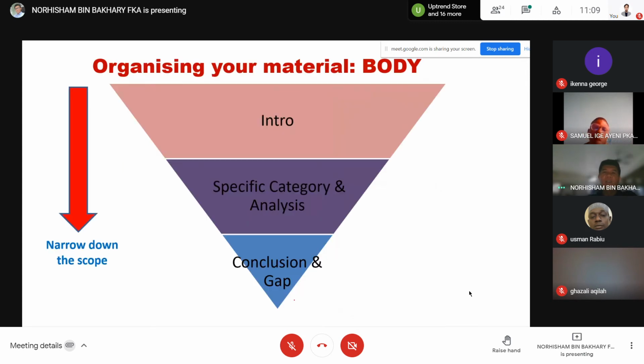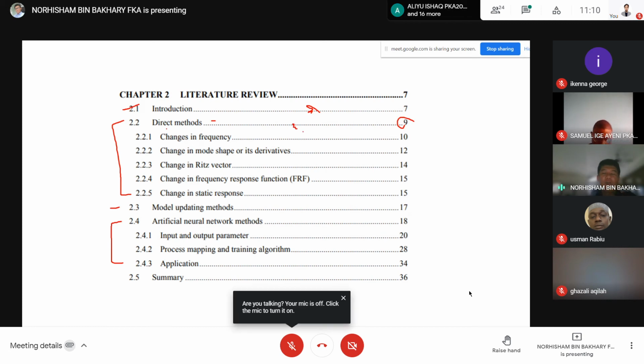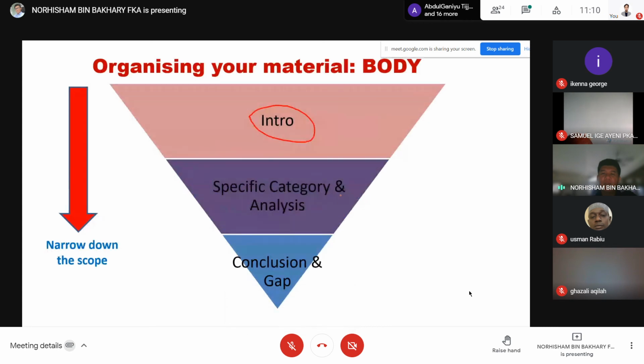All right. So organizing the body of your literature, it must start from the introduction, as I mentioned just now. And then specifically go to the previous methods or maybe the different data. Previous methods normally involve different data. Then in category 2, I am now specifically telling about the data.